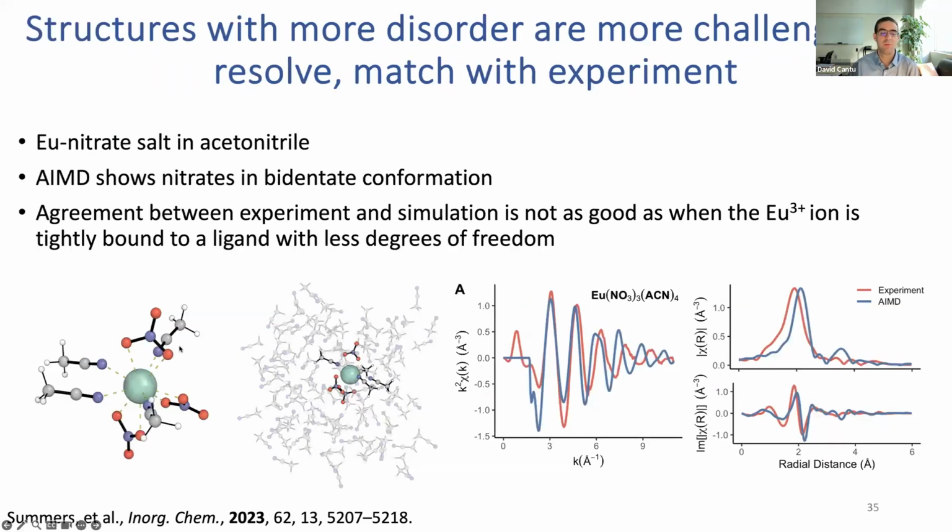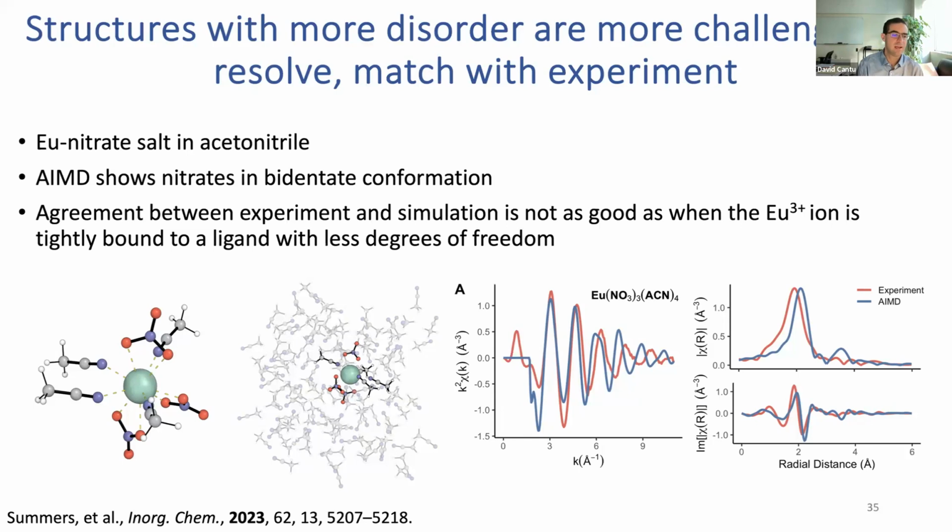But when you have such an open system with a lot more degrees of freedom, it's hard to find the simulation that's going to generate a representative sample. So that's the europium salt.